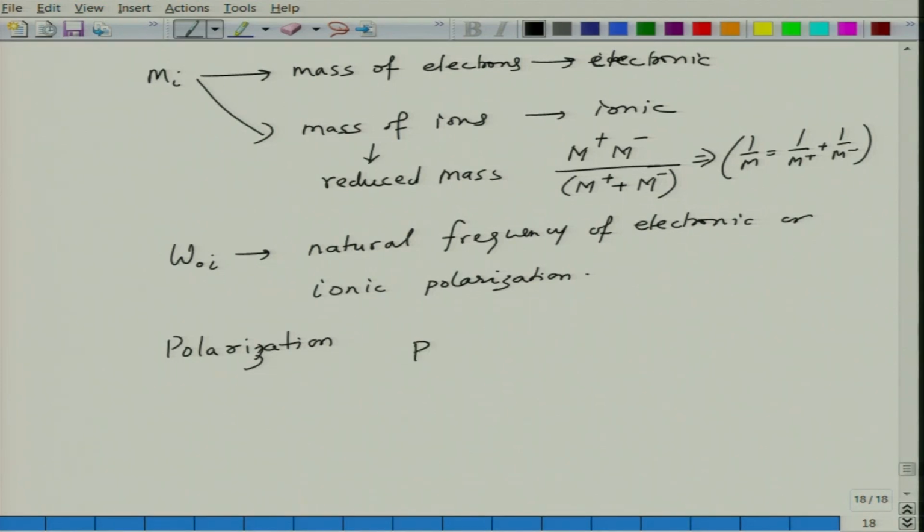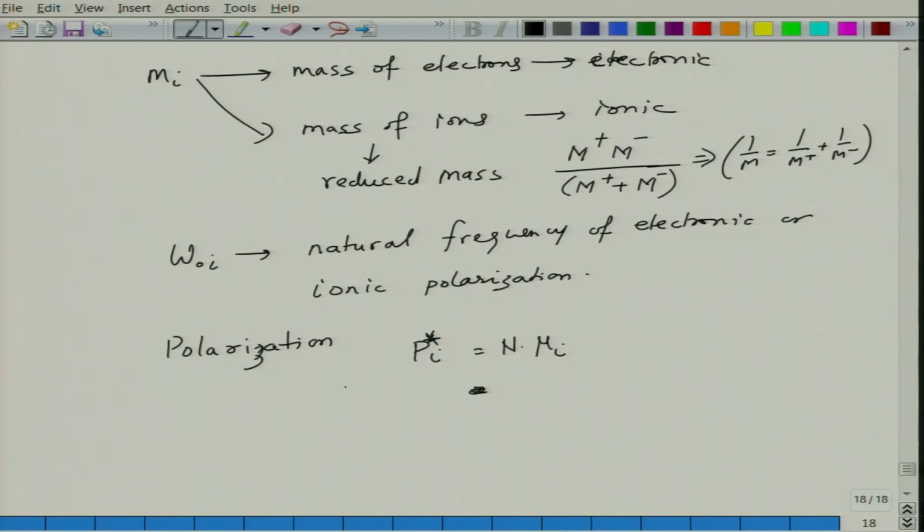The polarization is nothing but n into mu I. So this will be equal to, and we know that we can just multiply by the number of dipoles.